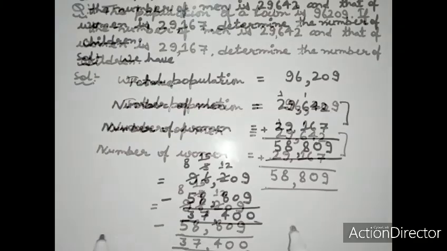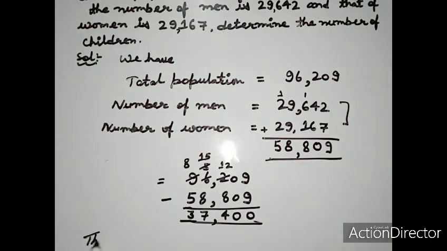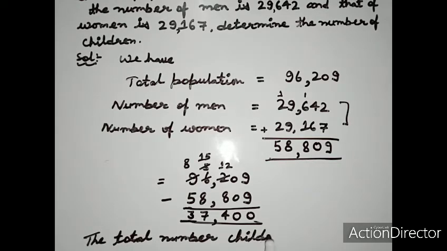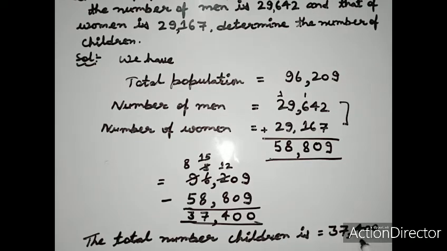So here we say that the total number of children is equal to 37,400.